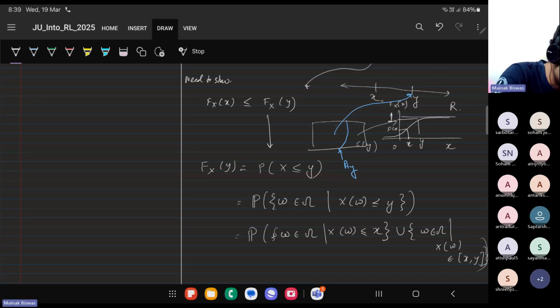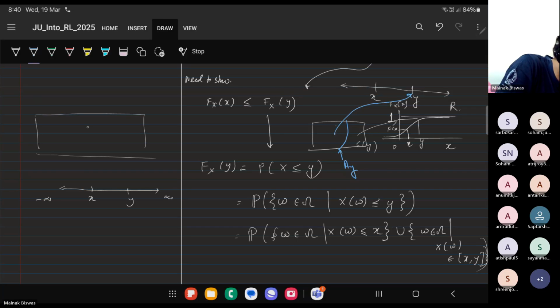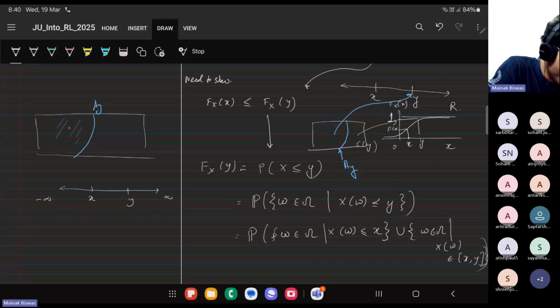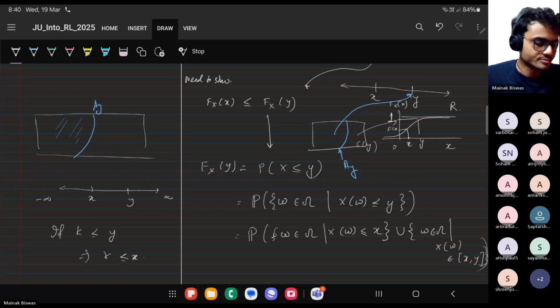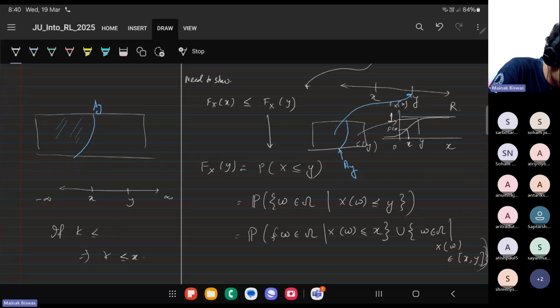Again, I'll draw the function nicely so it will be easy for you to understand. This is x, minus infinity to infinity. This is y. So I'm saying this is a of y, this entire thing that I've drawn. If k is less than x, it implies k is less than y.